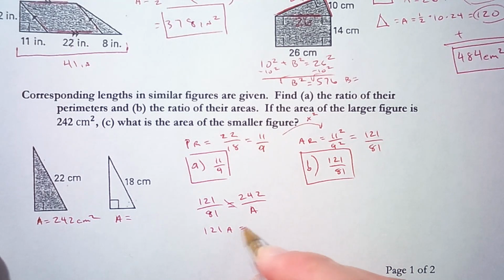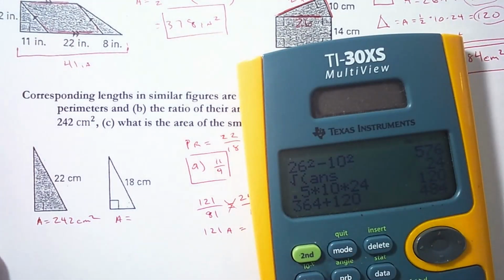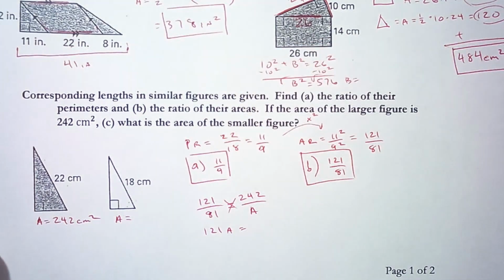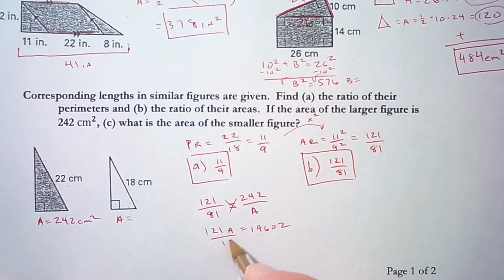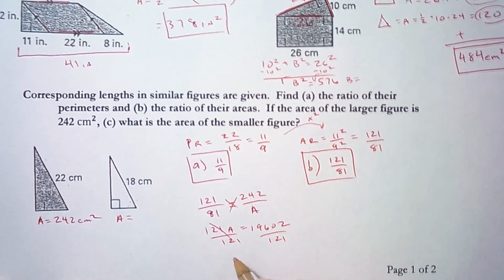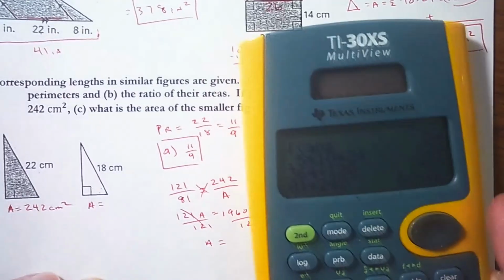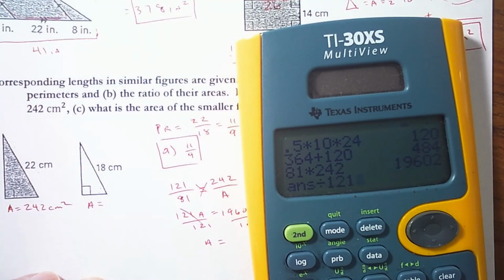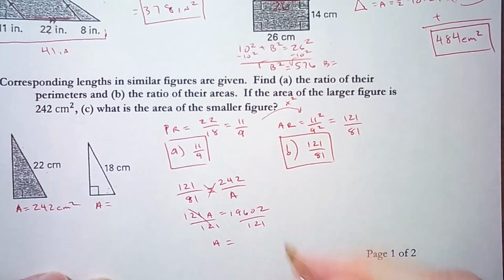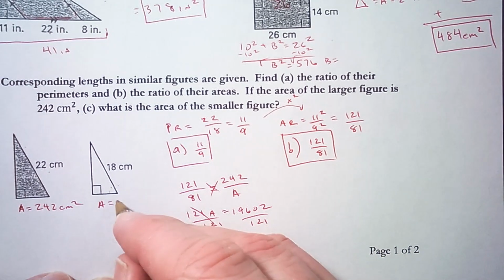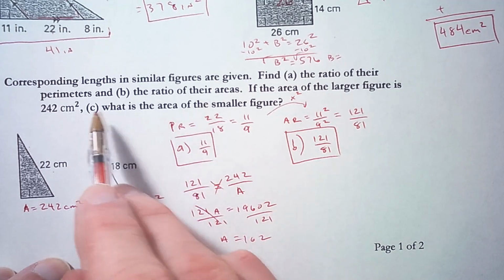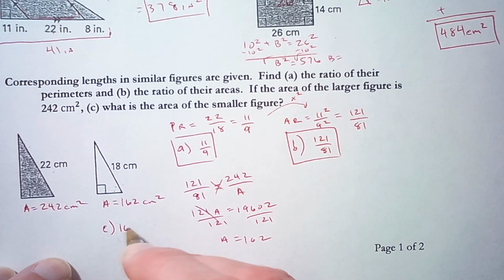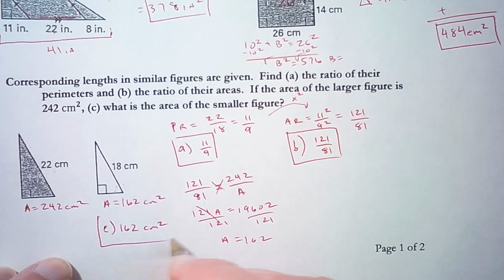We have 121A equals 81 times 242, which is 19,602. And we will divide by 121. And that is 162. Okay, so we have 162 centimeters squared. So the answer for part C is 162 centimeters squared.